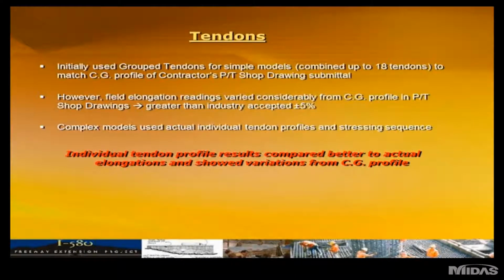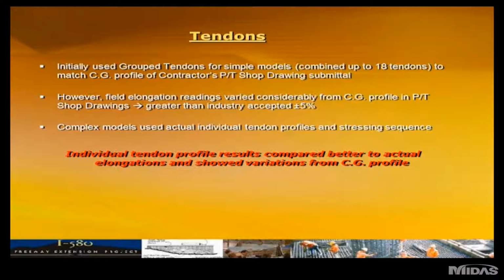Tendons, as I mentioned, I went from group tendons initially to modeling each tendon specifically, and one of the reasons I did that is that for any tendon profile, we have a center of gravity profile on the post-tensioning shop drawings. And as we know, most specifications require that the elongations we read in the field be within an accepted plus or minus 5%.